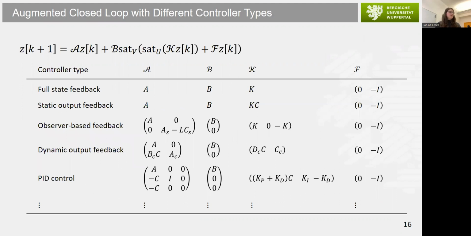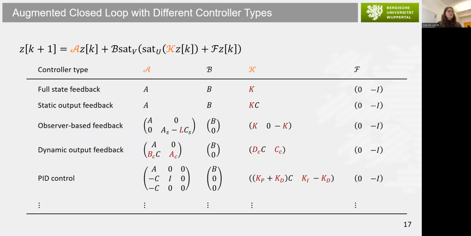So we have, of course, full state feedback and static output feedback, and also dynamic feedbacks such as observer-based or dynamic output feedback, PID control, and many more. And to represent them in this difference equation here, we just need these matrices.